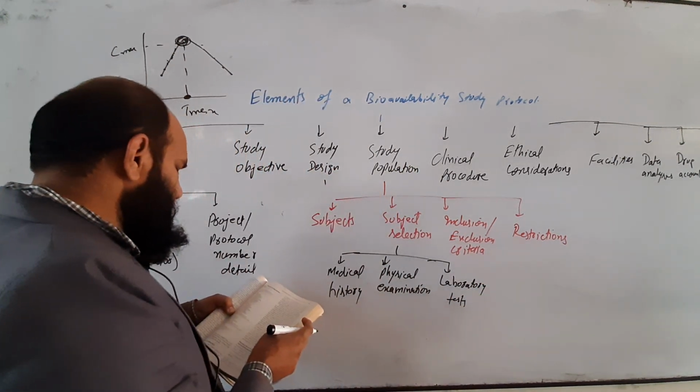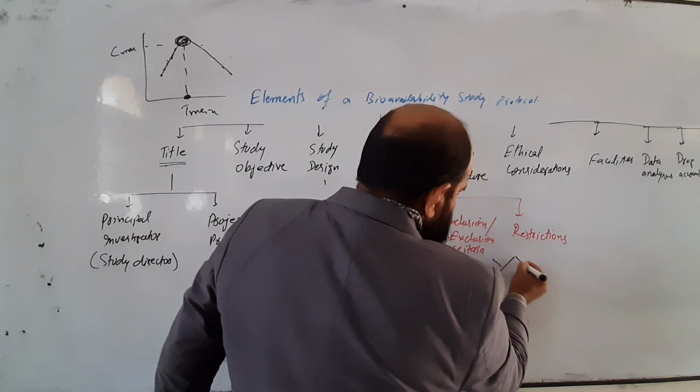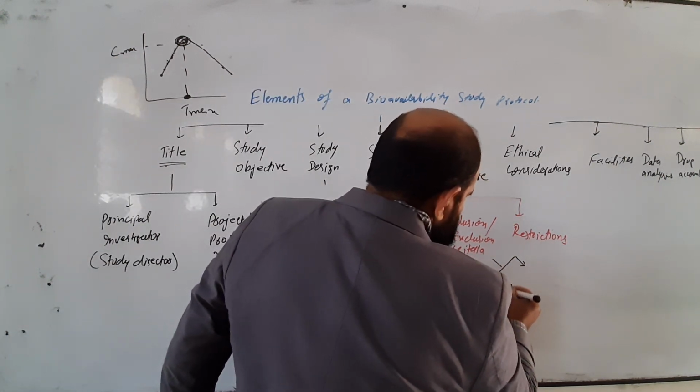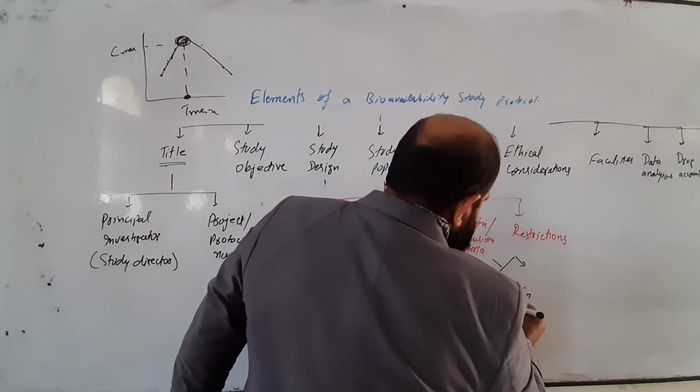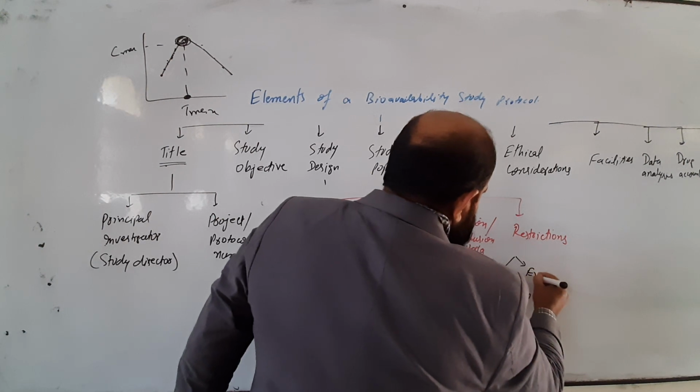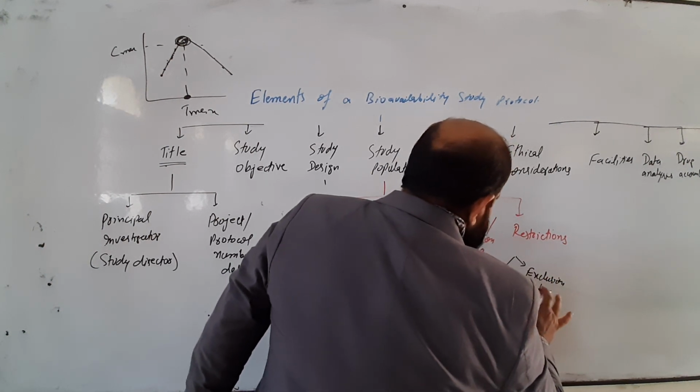In case of inclusion and exclusion criteria, there are two parameters. One is inclusion criteria and the other is exclusion criteria.